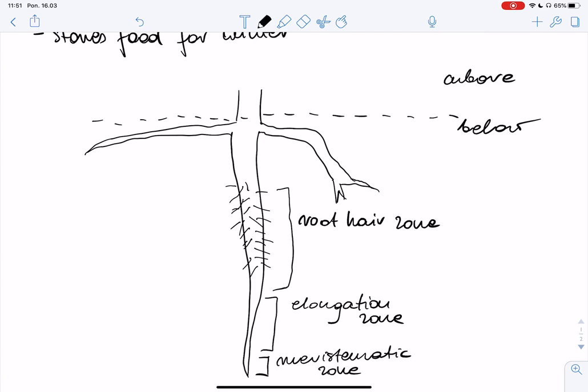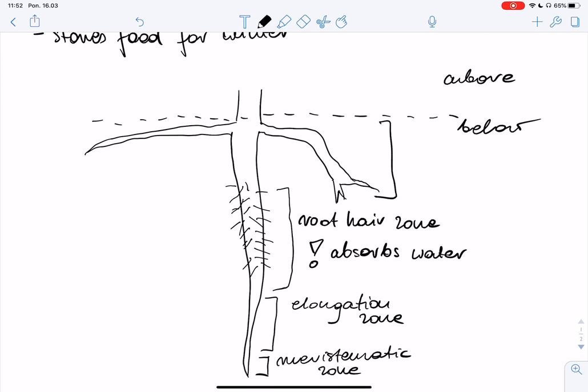So here it's the place where it absorbs water most intensively. And guys, those hairs are extremely important because due to some physical properties of water, the plant is able to take the water from the ground only because it has these tiny little hairs.